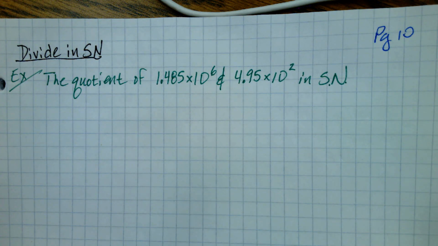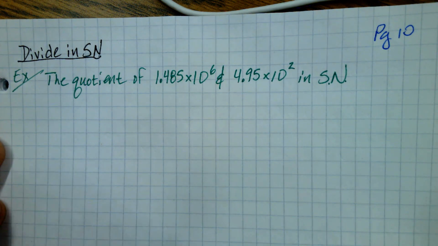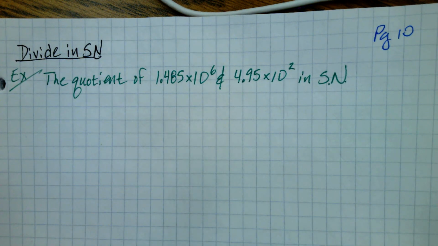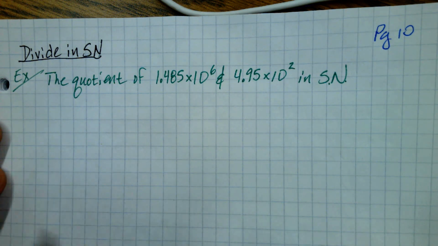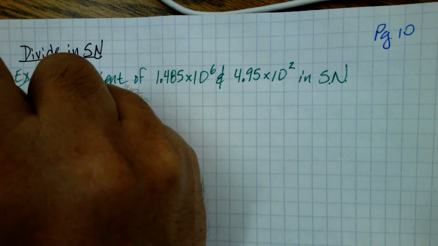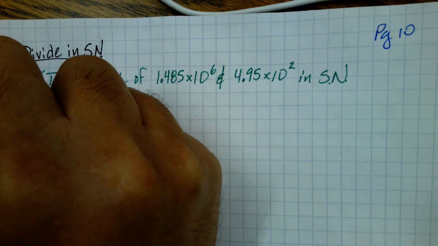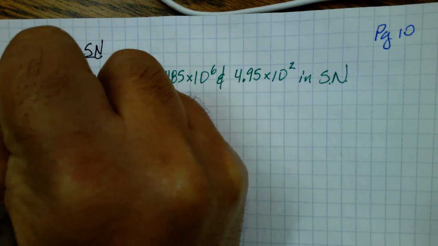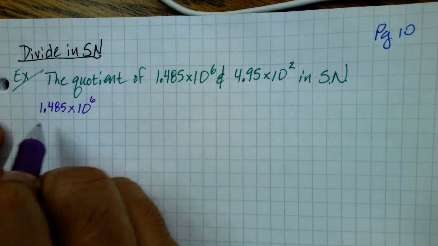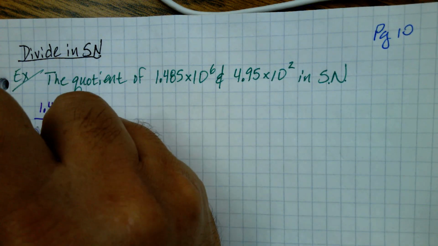The first thing I'm going to do, and I suggest you do the same thing, let's set this up as a division problem kind of along the lines of algebra. So I'm going to write it in this format. The first number is the numerator in a fraction, 1.485 times 10 to the sixth. And the second number will be the denominator.